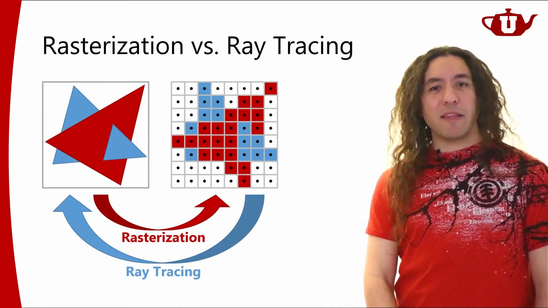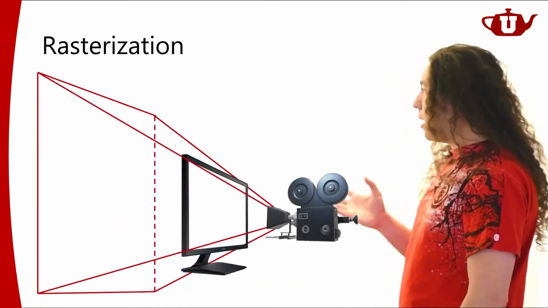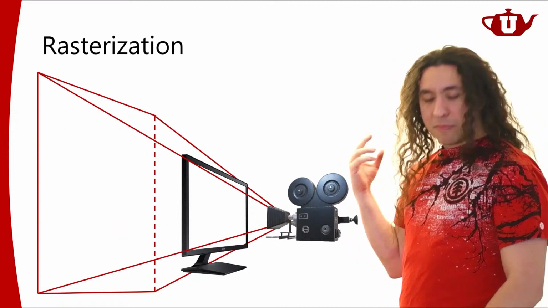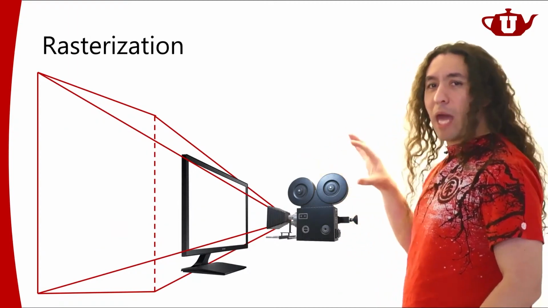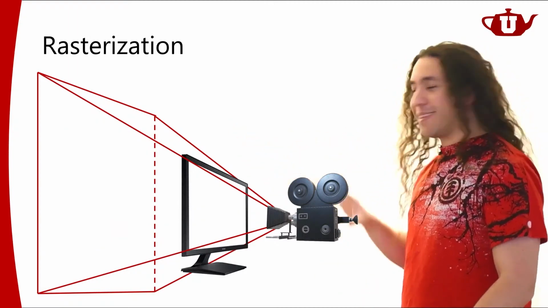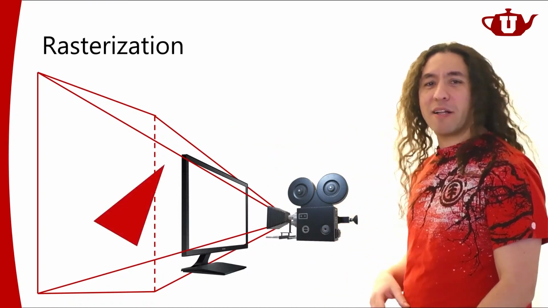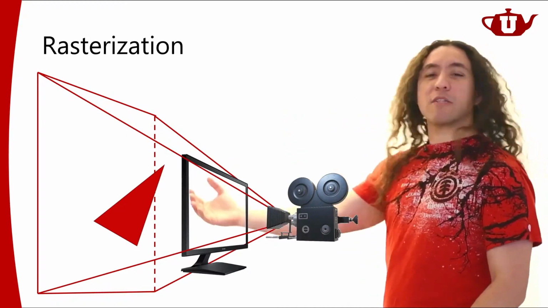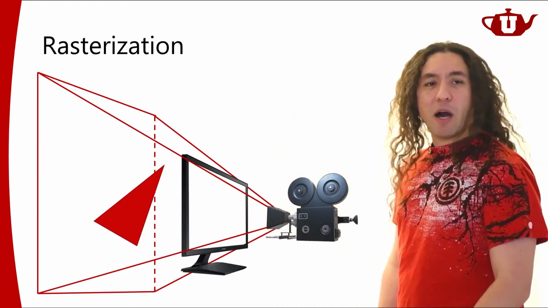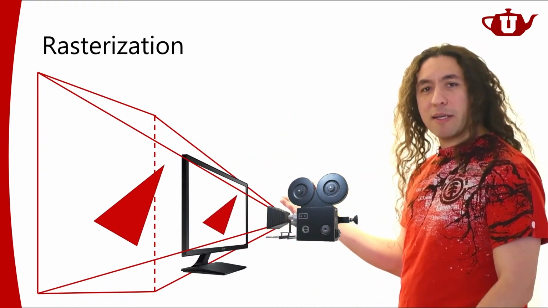So in 3D, if I were to render an image in this scene, there's my camera, this is what I see, looking into my scene, and here's a triangle. With rasterization, I will take that triangle and figure out where it lands on the screen. That's where it is.